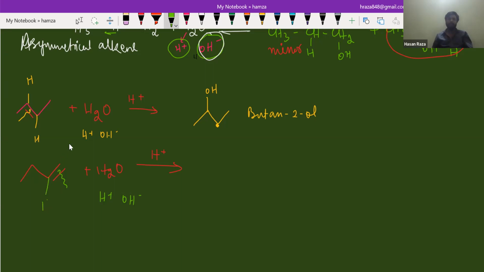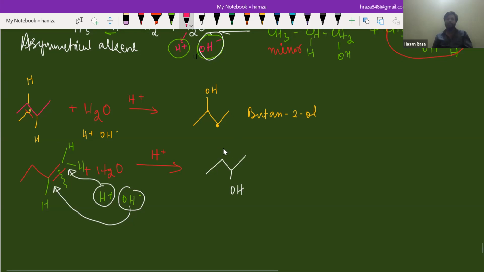As you know, there will be one hydrogen and there will be two hydrogens. The negative part of the addendum will go to that carbon along the double bond which has the lesser number of hydrogens, and the positive part of the addendum will go to that carbon along the double bond which has the greater number of hydrogens. So the product will be like this, and you have to do the numbering from here in order to give preference to this functional group. So its name will be butane 2-ol.